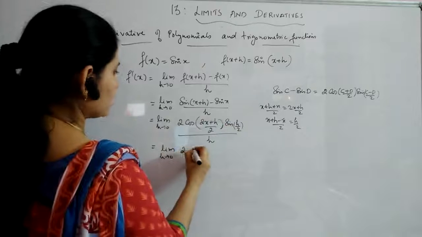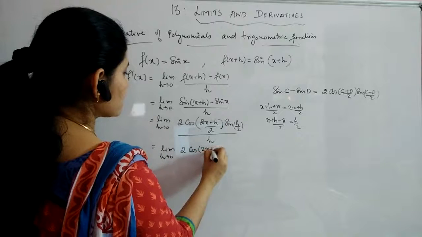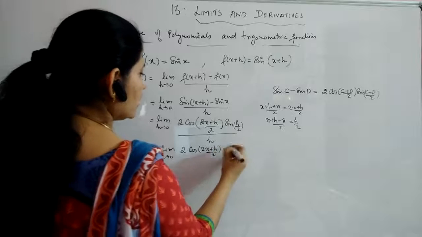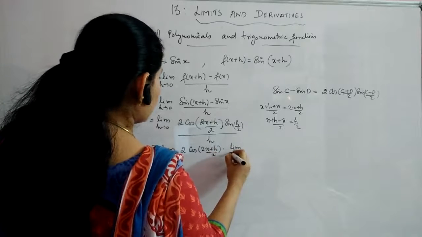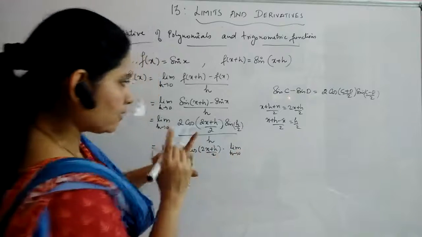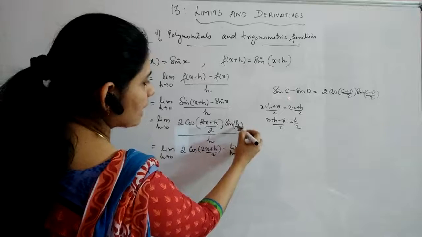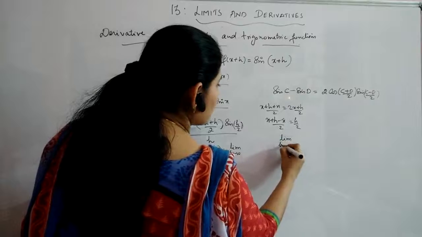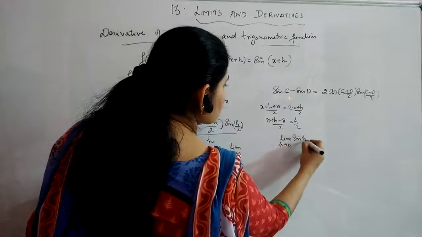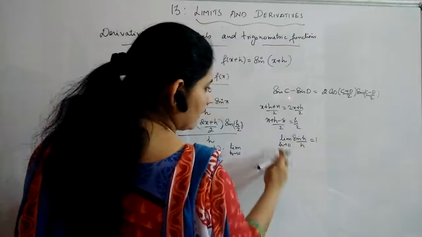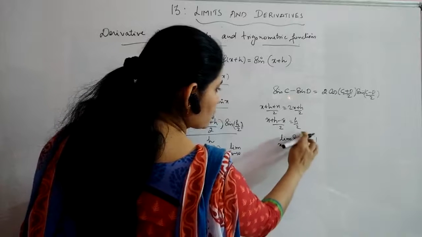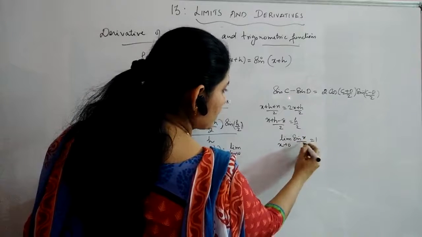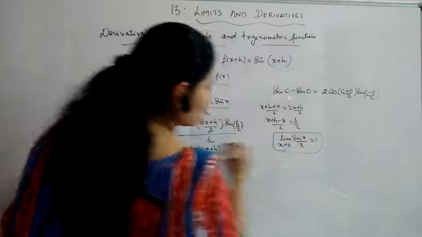That means I am just giving like this, 2 cos of 2x plus h by 2 into limit h tends to 0. Now again, one thing we should remember is here you have the angle of sine is h by 2 and we have a result that limit h tends to 0, sin h by h will be 1. If I am writing x here, all should be x. So this is a property of the limit, and this property we will use here.